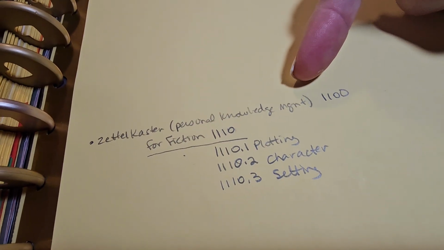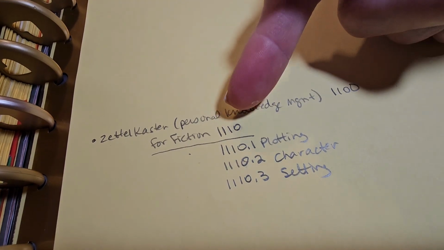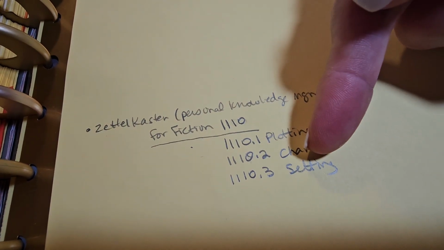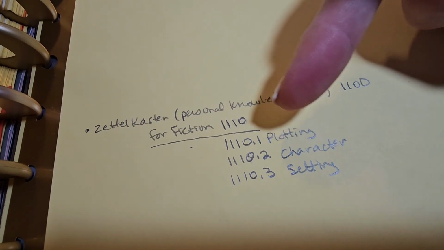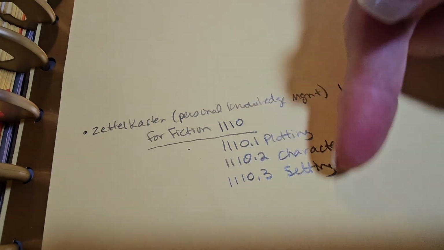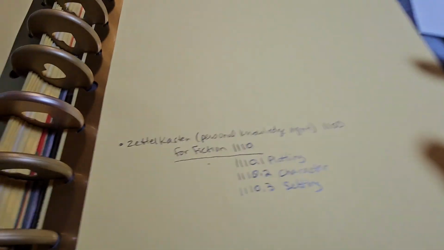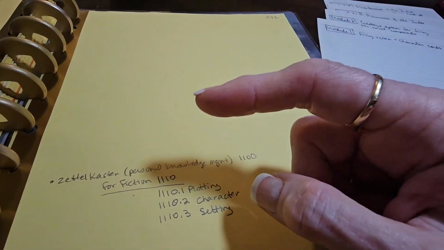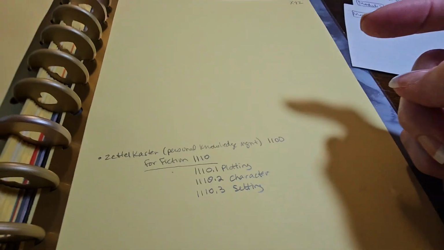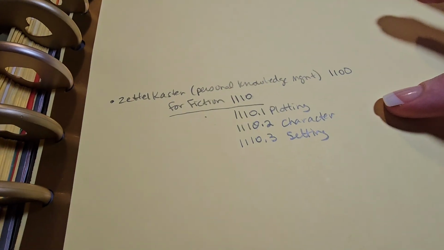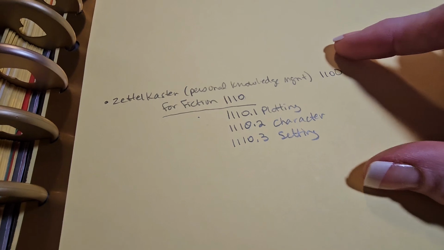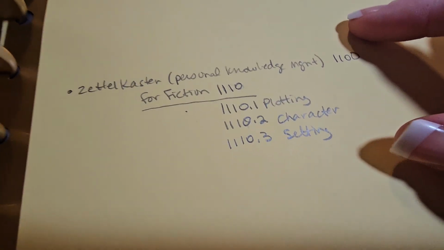Zettelkasten for personal knowledge management, 1100. For fiction, 1110. And I had already started installing some elements of Zettelkasten for Fiction that I was using in another course that I co-teach with the esteemed Kathleen Sprecklin over in LiLLiPub, which is linked down below. So I had already started this process months back, and I just had forgotten that I had already given it that numbering system.